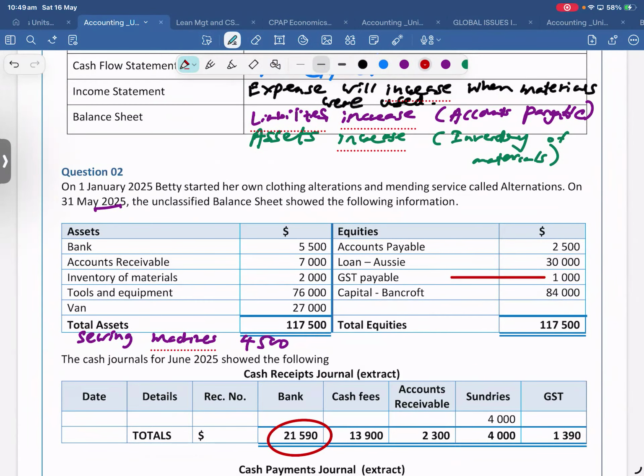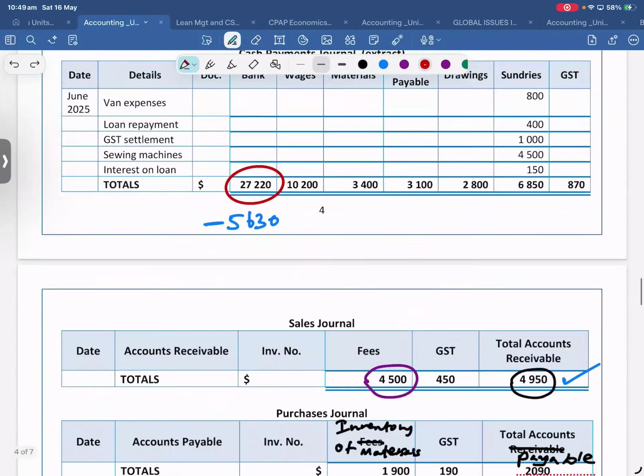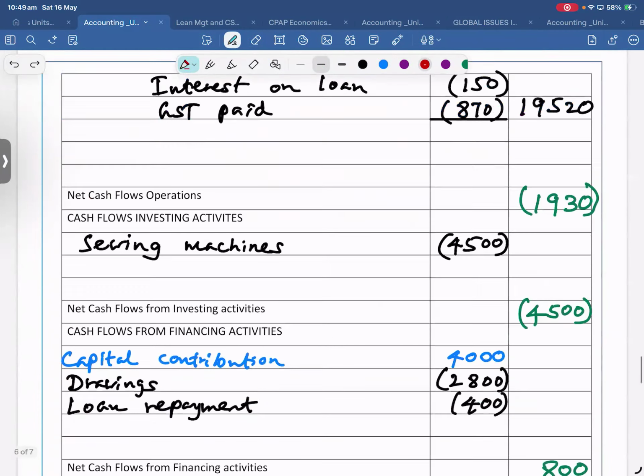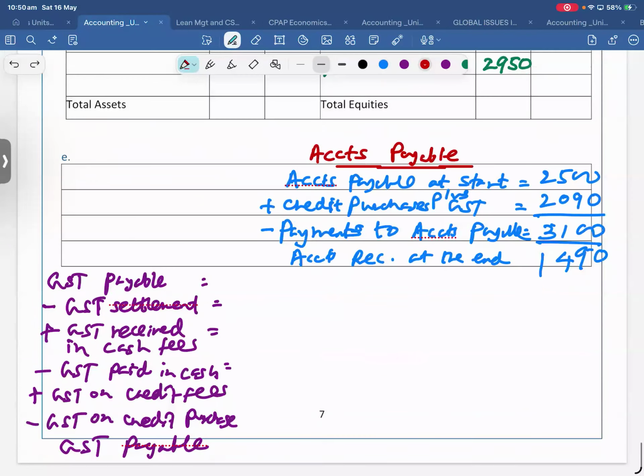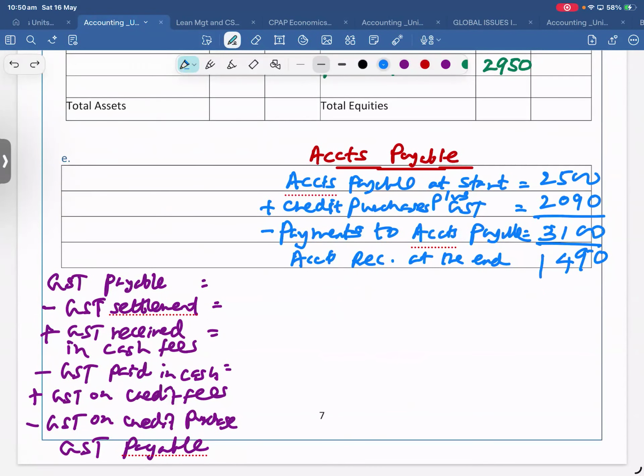So you can take that one firstly, GST payable 1,000. Then you have GST settlement. Do you have GST settlement? Yes, also 1,000 at the beginning in the cash payments journal. So this 1,000 and that 1,000 technically cancel out.